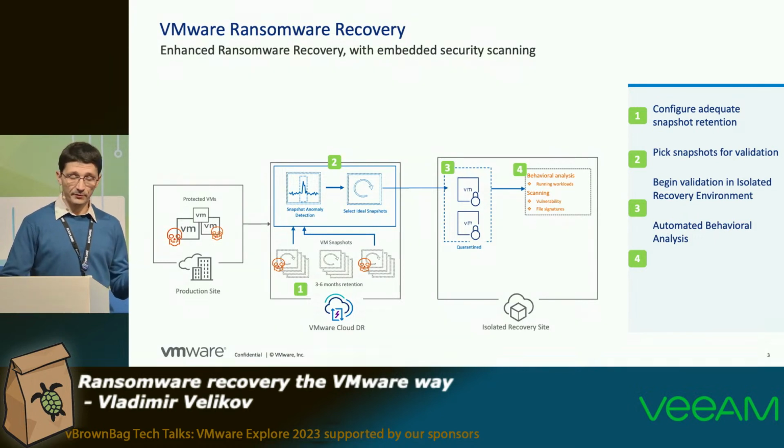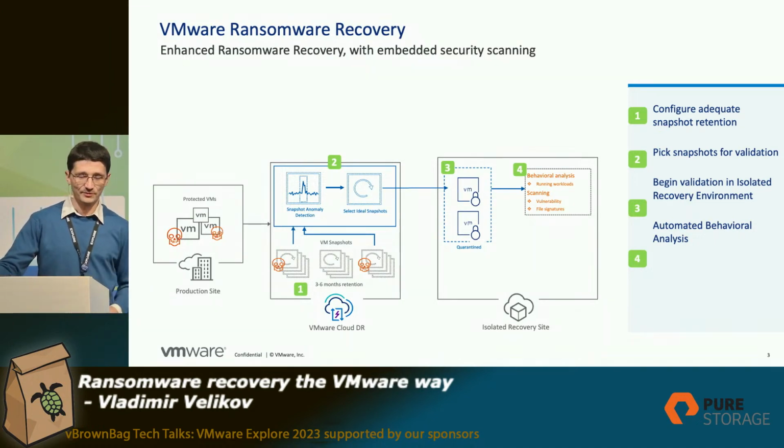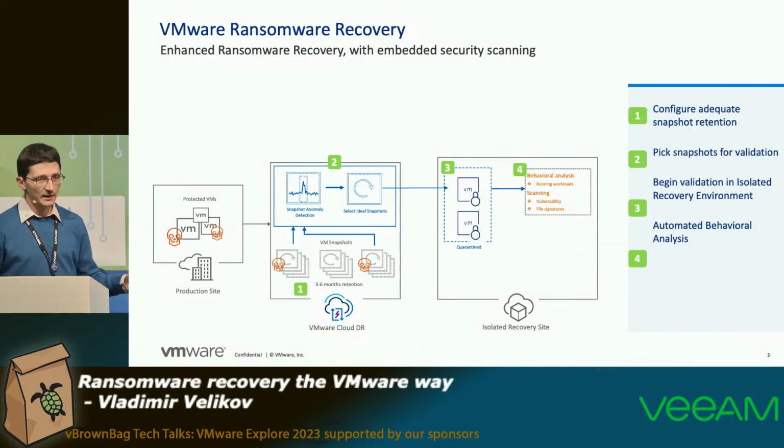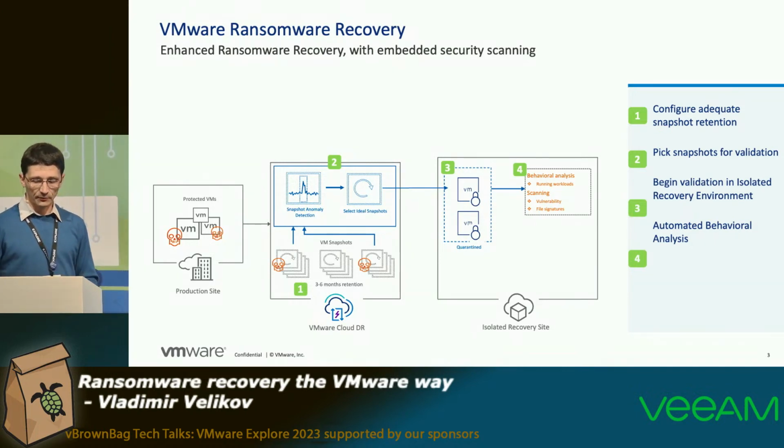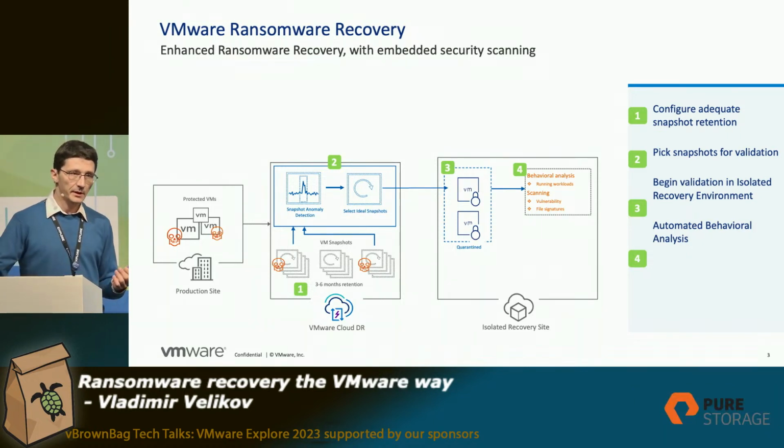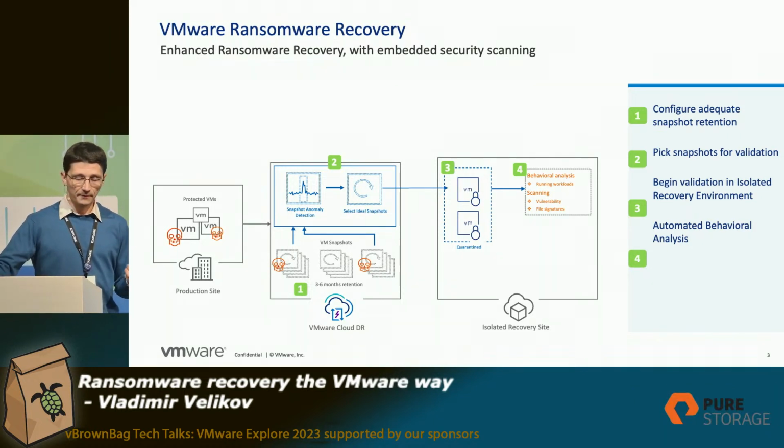And an isolated recovery environment is provisioned for you in the cloud. Last thing you want to do is, when this disaster strikes, start figuring out what recovery site I need to build, how do I isolate it so that there is no reinfection. So this is done for you. And also because of the way the scale-out file system works, there is no restore.